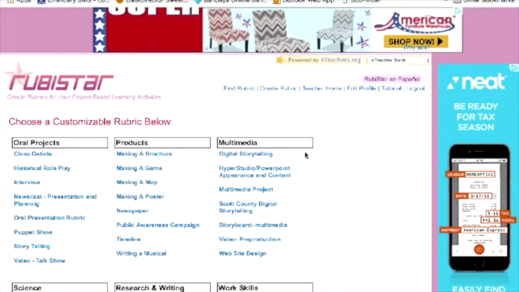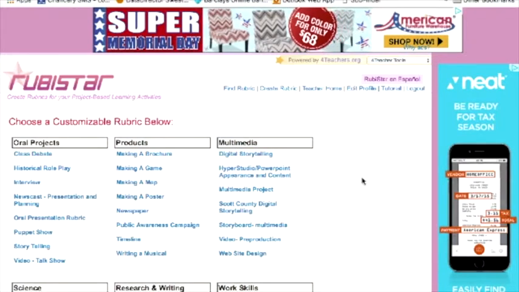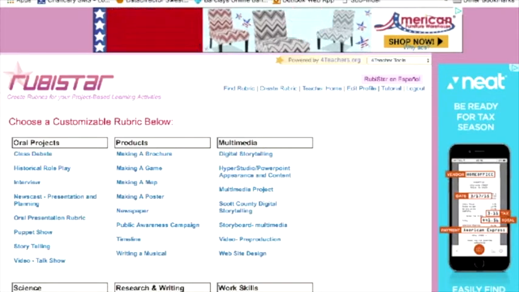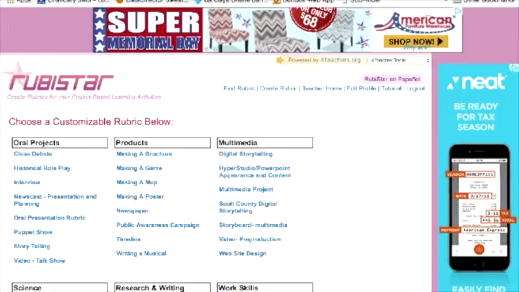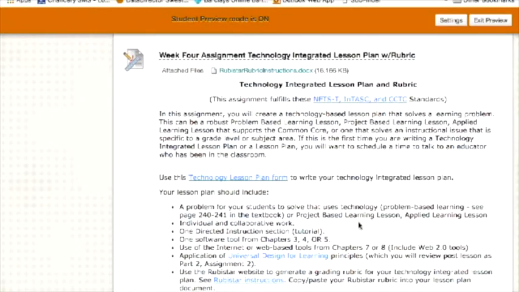Anyway, you create an account, and then you can create a rubric from scratch, or you can find one along the lines of what you want, but of course you need to adapt it to line up with your lesson plan exactly. I just wanted to draw your attention to that kind of backwards planning and show you where we're headed with rubrics.